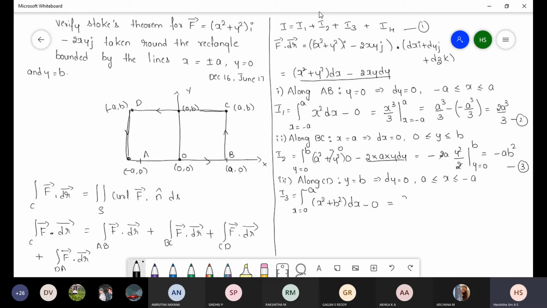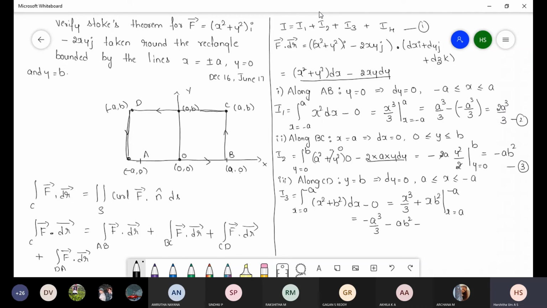So the integration of x square is x cube by 3, and the integration of 1 with respect to x is x into b square, with x from a to minus a. So the upper limit gives minus a cube by 3 minus a into b square.